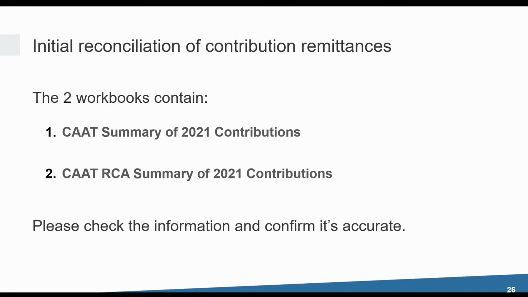These 2 workbooks will contain a summary of your CAT 2021 contributions and a summary of the RCA 2021 contributions. Please review these 2 spreadsheets in detail and verify the reported figures to ensure that what was remitted to the CAT pension plan and the CAT RCA is what is showing on the spreadsheets.